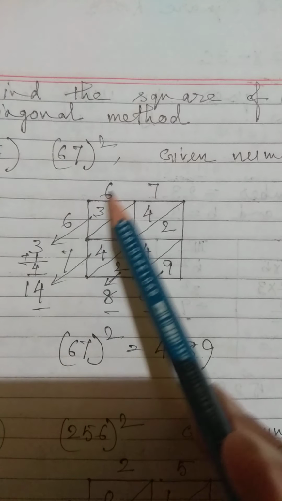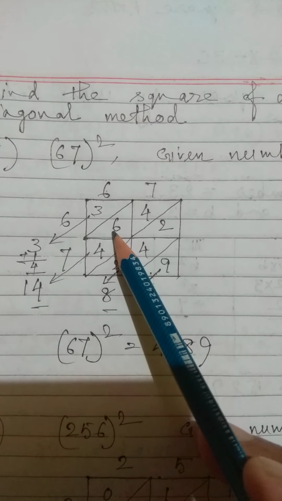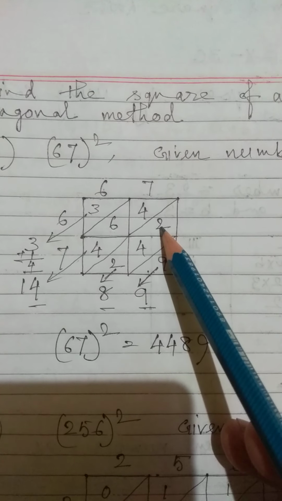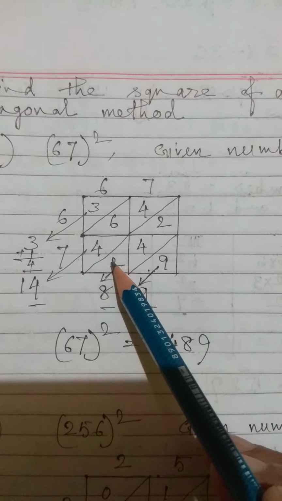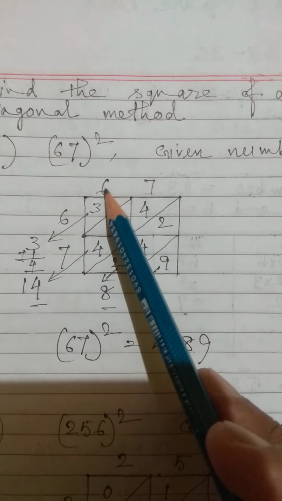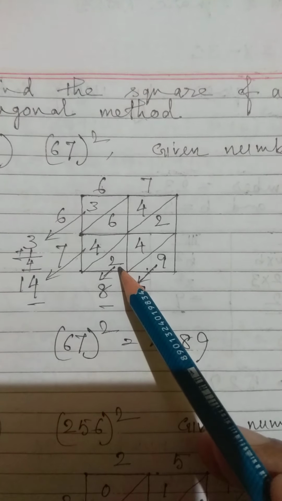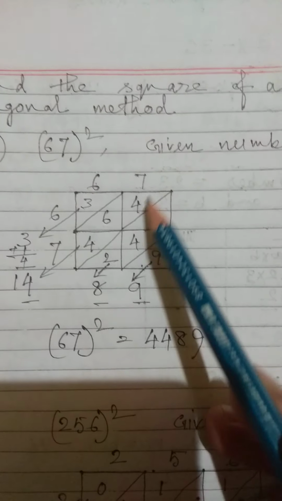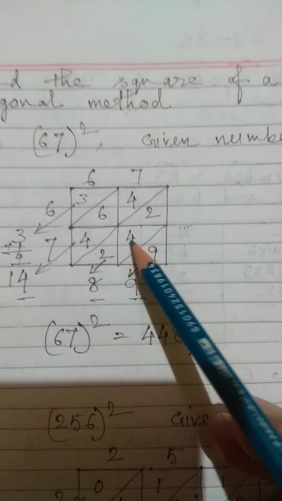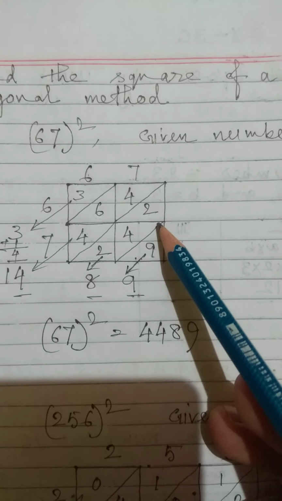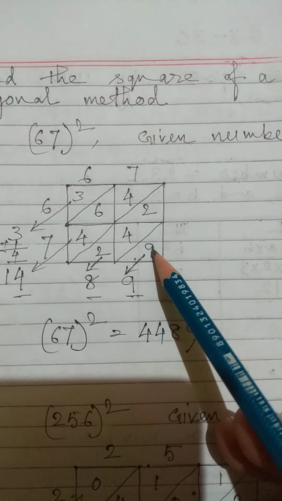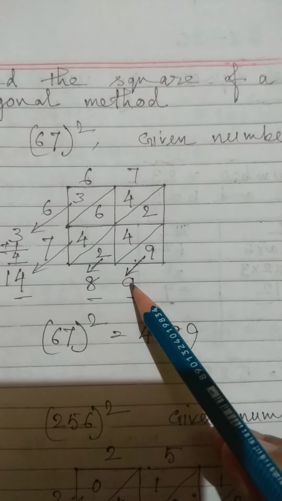Now 6 into 6, 36, 6 into 7, 42, 4 and 2. Here in this box 7 into 6, 42, 4 and 2. Here in this box 7 into 7, 49, 4 and 9. Now along this line the sum of the digit is only 9, so 9.